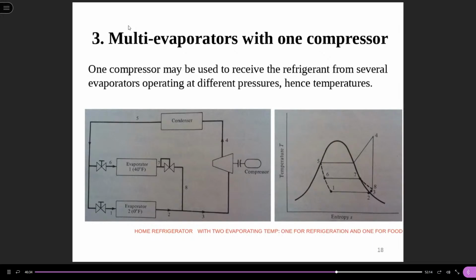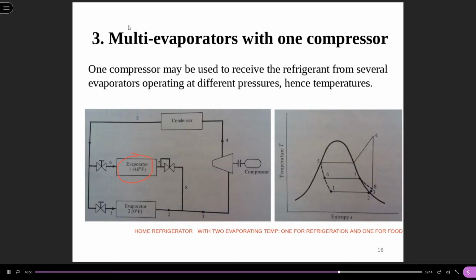To simplify, we can say, in fact, even like our home refrigerator, we have two evaporating temperatures. That means there are two evaporating temperatures. So one evaporator can be used for cooling, for food storage.